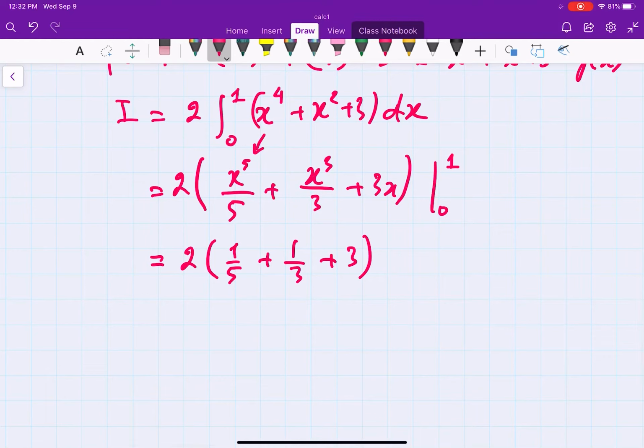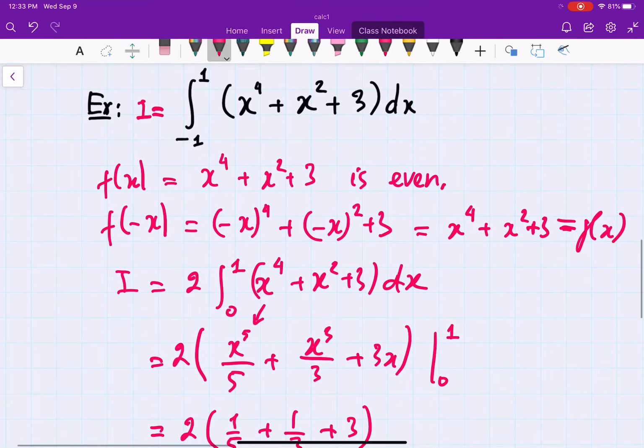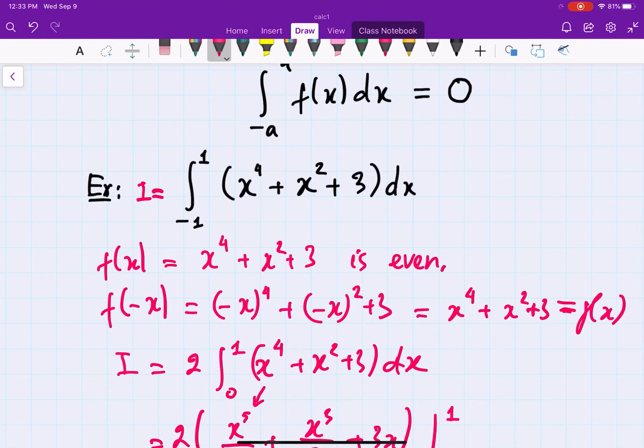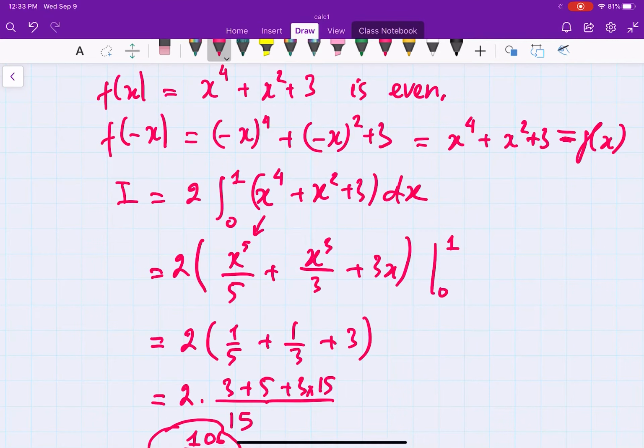To simplify this, we have 2 times over 15: 3 plus 5 plus 3 times 15, which is 45, so 53. So I have 106 over 15. That is the final answer. Does that make sense? Otherwise, of course, you can evaluate from -1 to 1, but sometimes this saves your time.